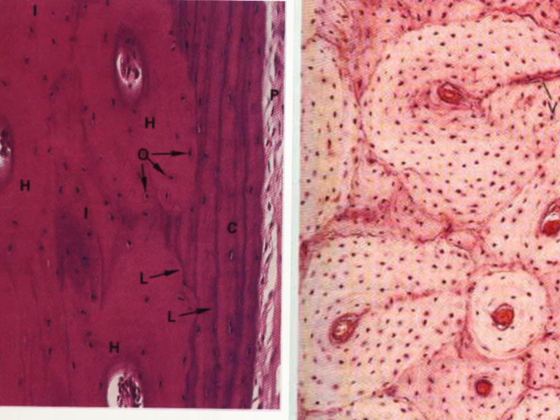So if we have a label or a circle surrounding this area, it is the Haversian system or osteon. If you have a label in the area in between the Haversian systems, here or there, these are called interstitial lamellae.